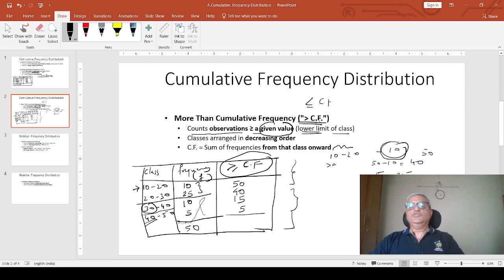For the greater than or equal to CF, we have to use the lower limit of the class. Ask the appropriate question to yourself, and you will be able to populate your cumulative frequencies without any problem. Please don't memorize these things. Understand it well, and you will be able to solve these problems pretty easily.